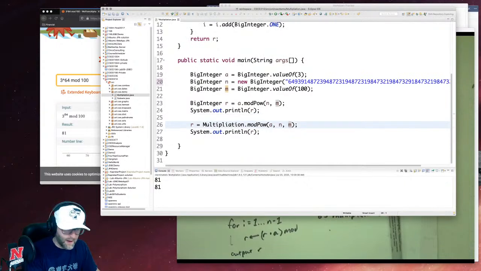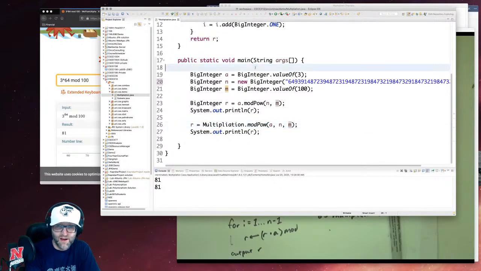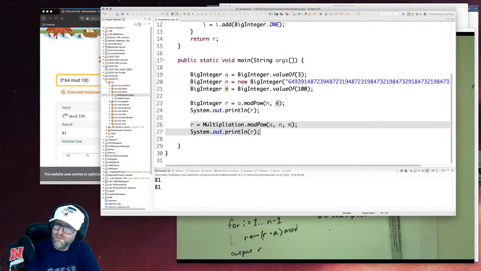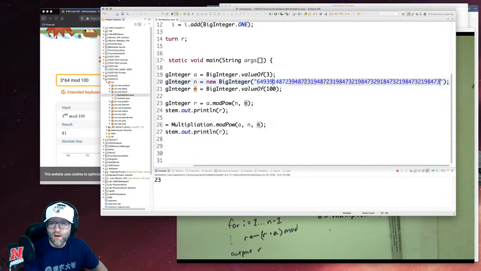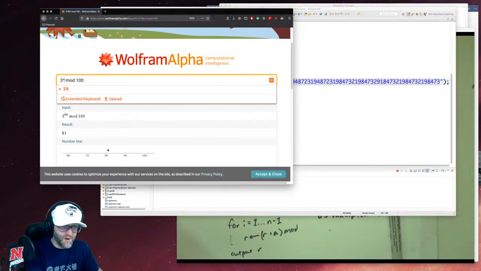Now, I'll bet you $1 million, maybe I shouldn't bet too much because OBS is taking most of my CPU right now, I bet you $1 million fake internet dollars that this is going to execute rather quickly, and that this is going to execute a little bit slower. 23. All right, let me see if that's right. I'll put it over here in Wolfram Alpha.